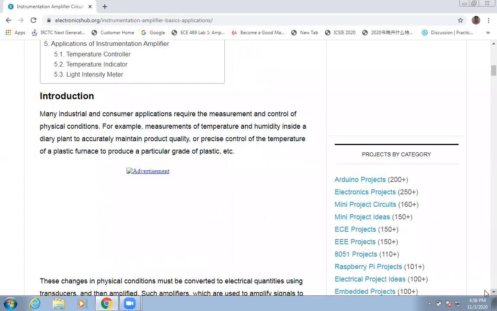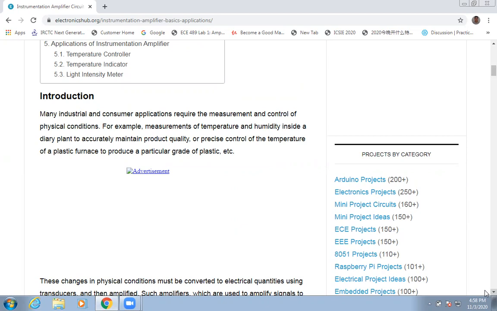Many industrial and consumer applications require measurement and control of some physical conditions, such as measurement of temperature and humidity inside a dairy plant to accurately maintain product quality, or precise control of temperature of a plastic furnace to produce a particular grade of plastic.